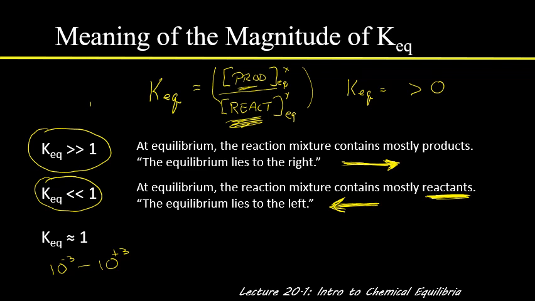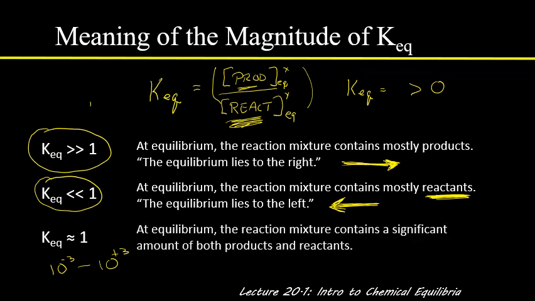In those cases, what we would find is that at equilibrium, there's a significant amount of both reactant and product present in the mixture. So if you look at an equilibrium constant, you see the value, you can tell whether that reaction is predicted to go very far to the right to favor products, or if it's going to remain far to the left and favor reactants.